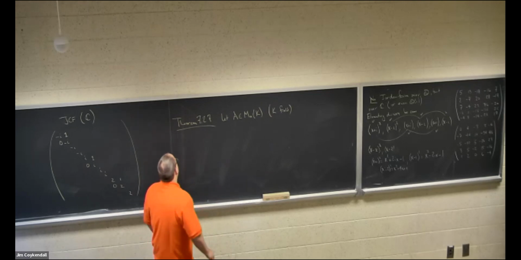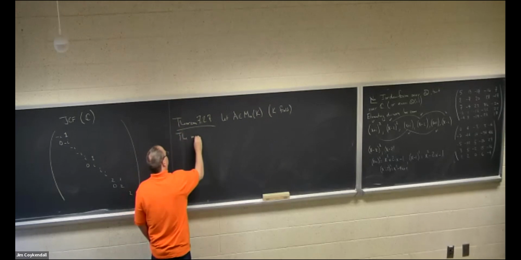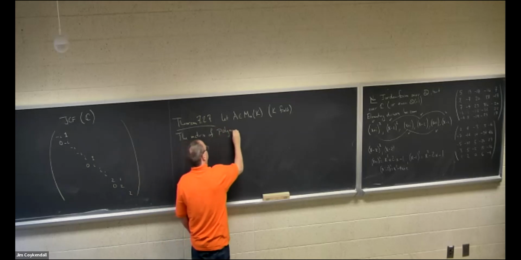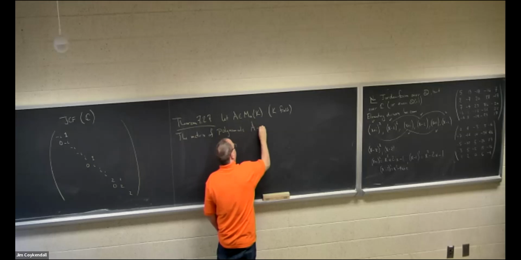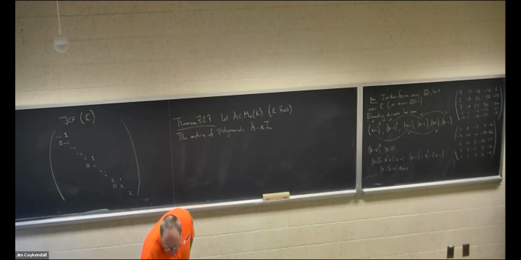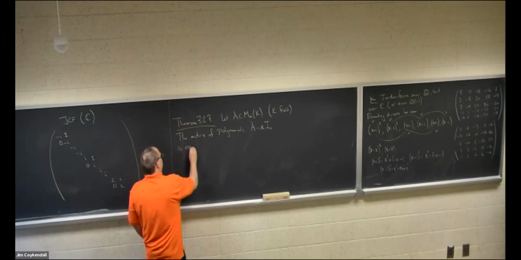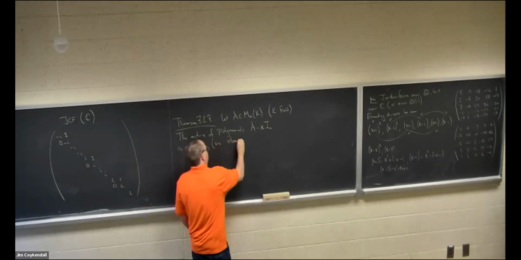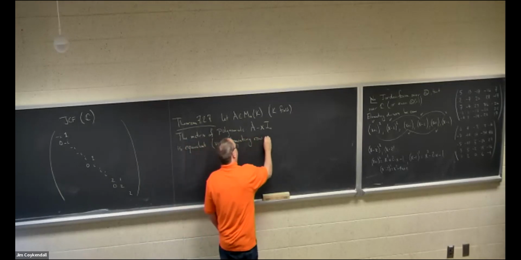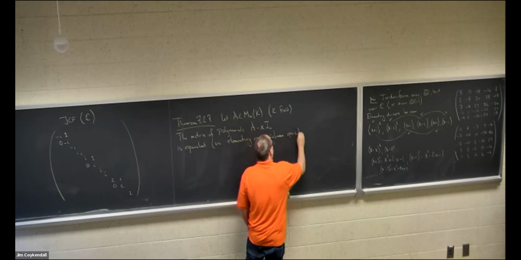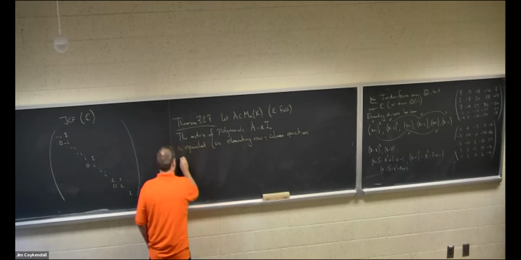The matrix A minus x I_n is equivalent via elementary row and column operations over K[x].